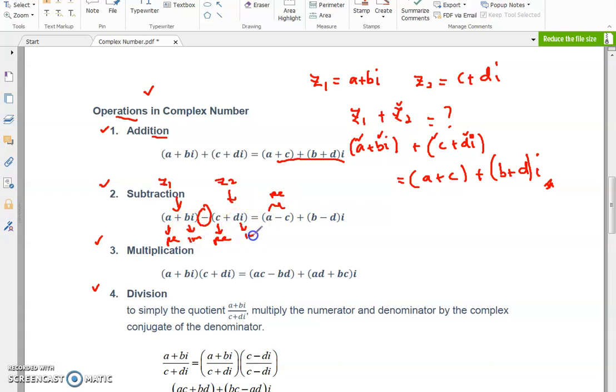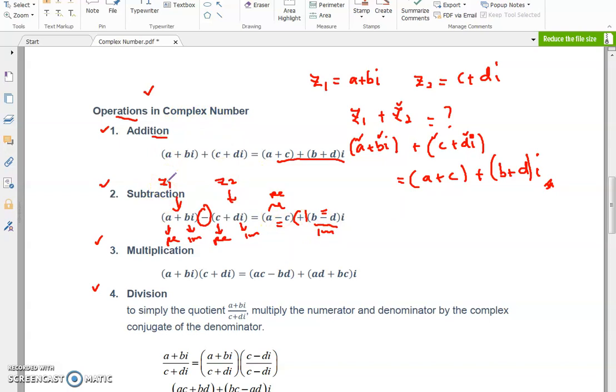This is also your imaginary part. So you just need to categorize it into real part and imaginary part. Then here is always plus, but you are going to change the operation to minus somewhere here.